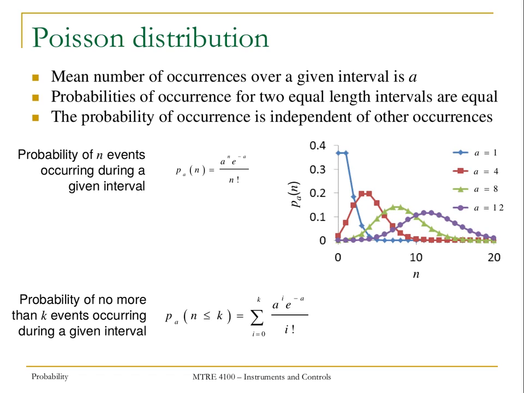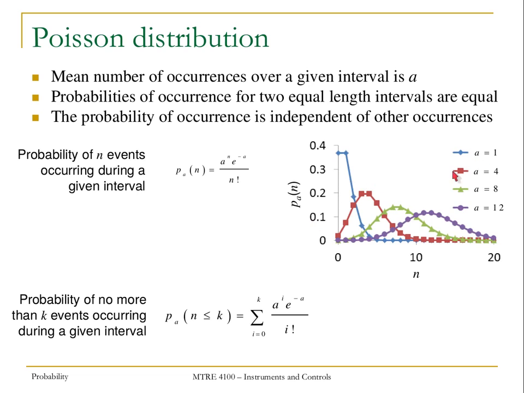Oftentimes, we might want to know the probability of no more than k events occurring, or no more than k successes occurring for a given number of trials or over a given interval. And that's the probability that n is less than or equal to k. To do that, we just add up the probabilities of the different values of n from 0 up to k.